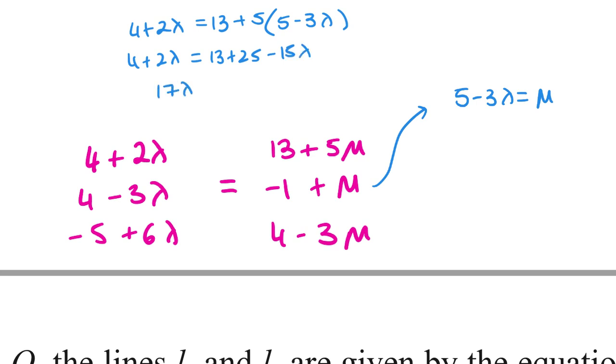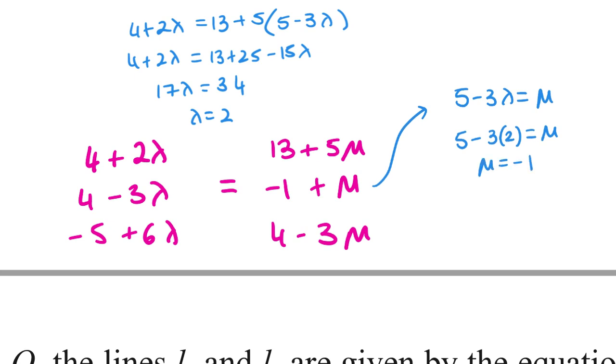So 17 lambda equals 13 plus 25 minus 4 equals 34. So lambda equals 2. If lambda equals 2, I have 5 minus 3 lots of 2 equals mu. So then 5 minus 6, so mu equals minus 1.